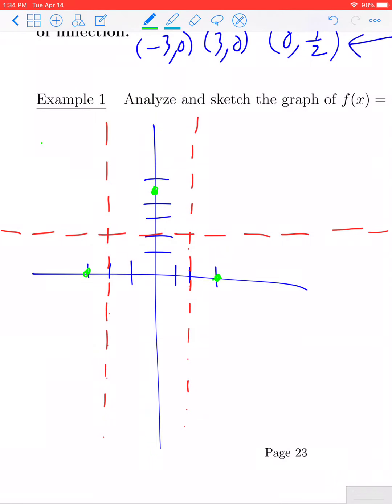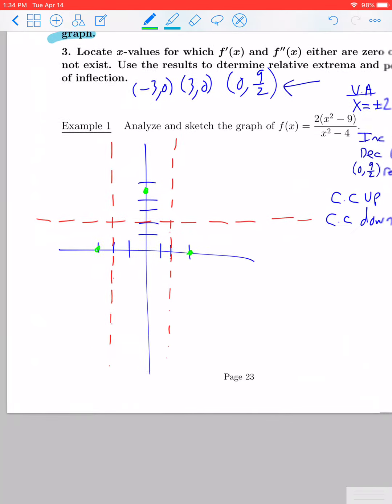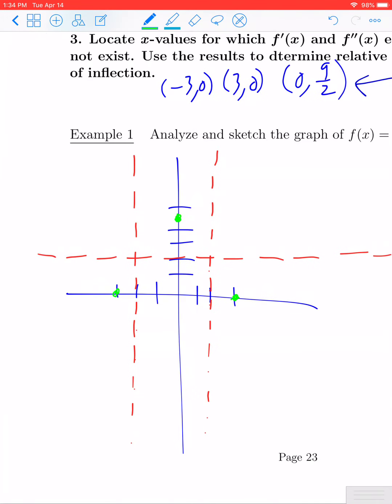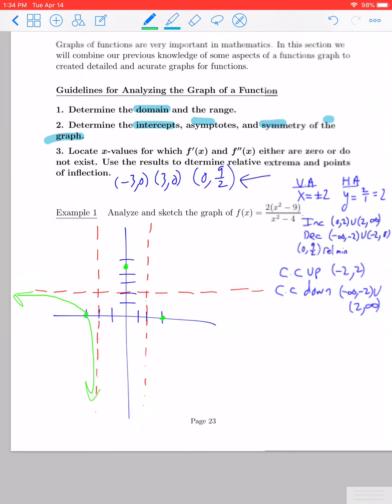From here, we know that the function was decreasing on -infinity to -2, and it's concave down, has to follow the asymptotes, so it's going to look like this. We also know that it's concave up between -2 and +2.